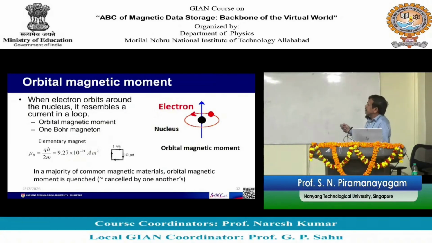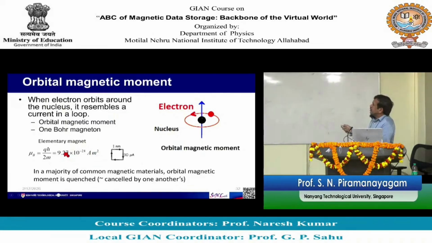So, you can actually calculate, we express the orbital magnetic moment of an electron in an elementary unit called the Bohr magneton. The Bohr magneton has a value of 9.27 times 10 power minus 24 ampere meter square.